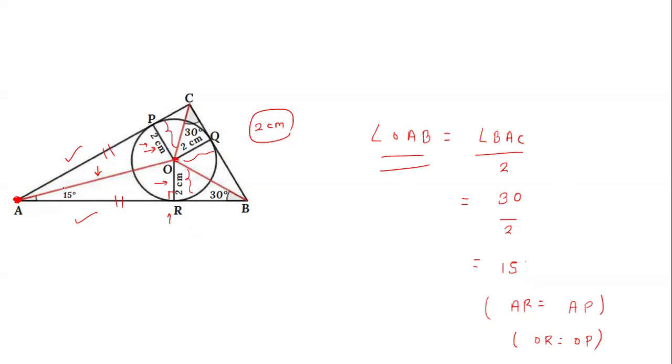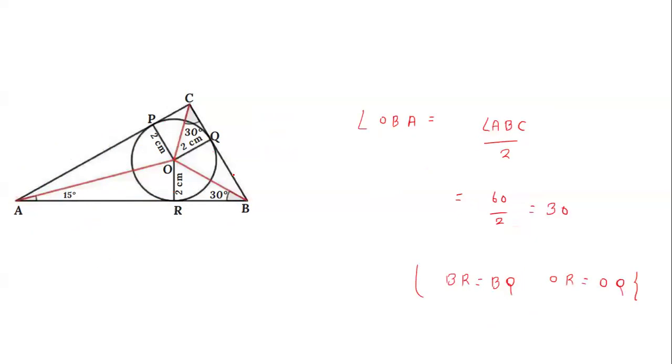So this is the angle bisector. If we know this whole angle is 30, the angle bisector divides this whole angle into half. So this is 15 and this is 15. Because AR is equal to AP and OR is equal to OP. So this is the angle bisector and this is 15 degrees.